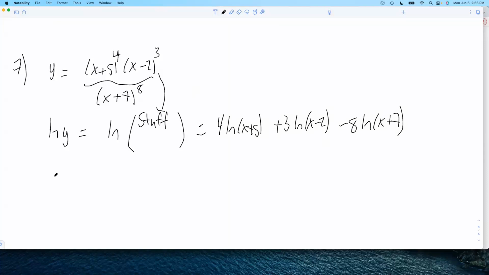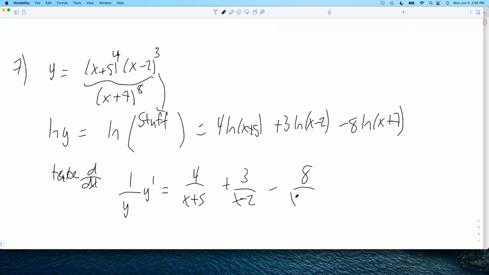Take the derivative of both sides. Derivative of natural log of y is 1 over y times y prime. Here we get 4 over x plus 5. Derivative of x plus 5 is just 1. 3 over x minus 2. Derivative of x minus 2 is just 1.